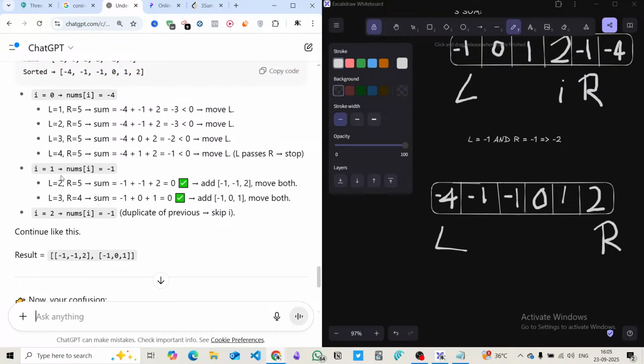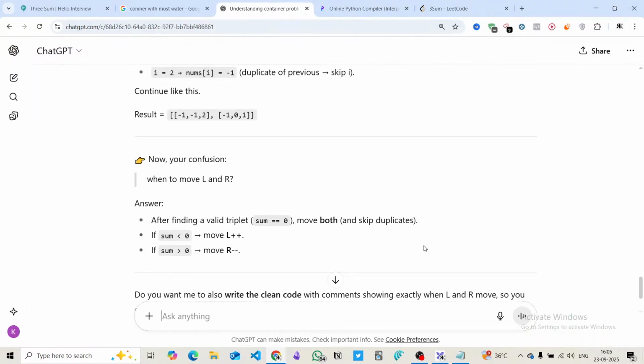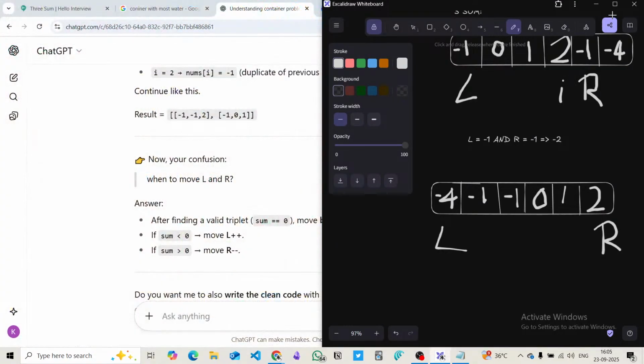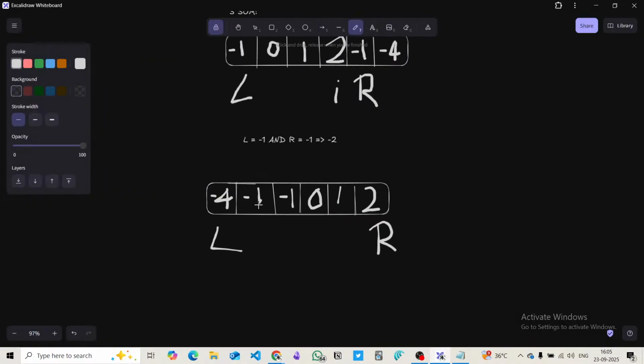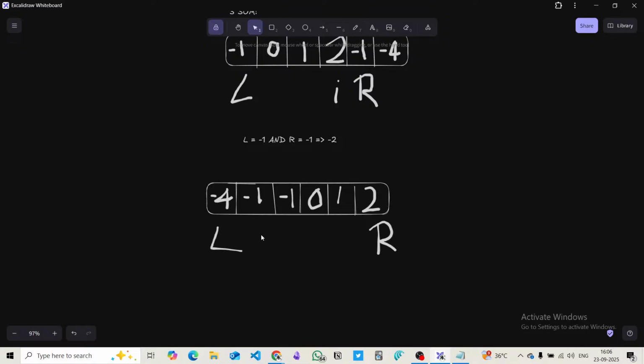Okay, so the thinking we had is somewhat right, but we need to change this. Before, we said we need to fix the L and R and then iterate I between the L and R. Now we need to fix the I and then iterate the L and R like the other two pointer techniques.